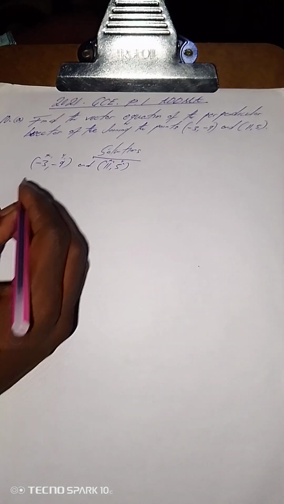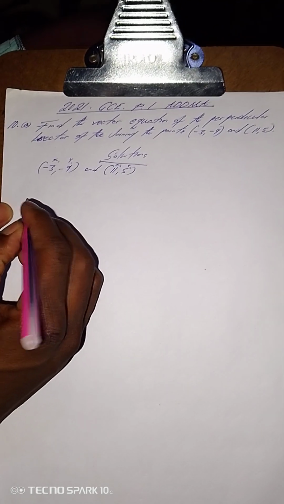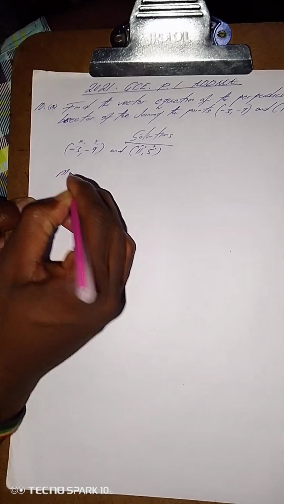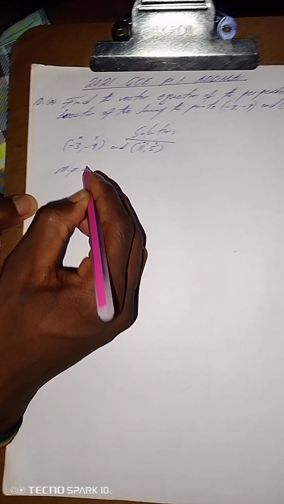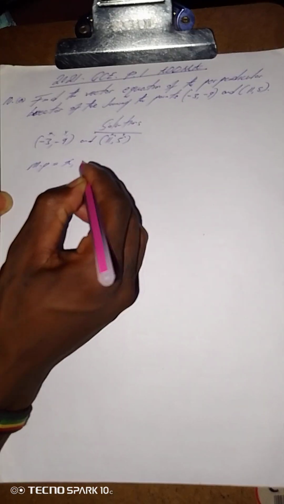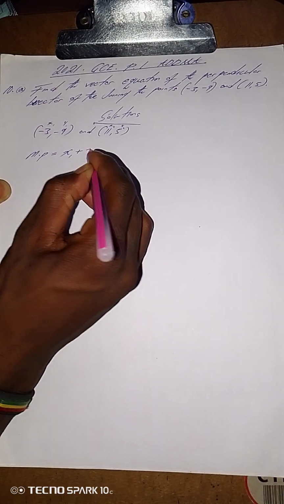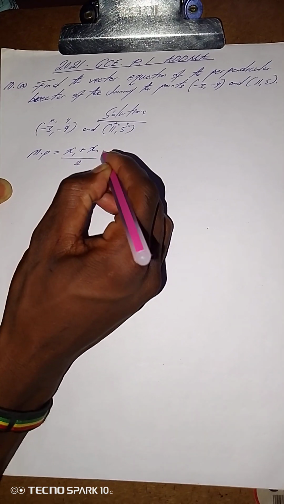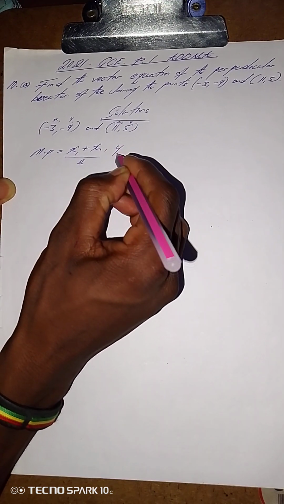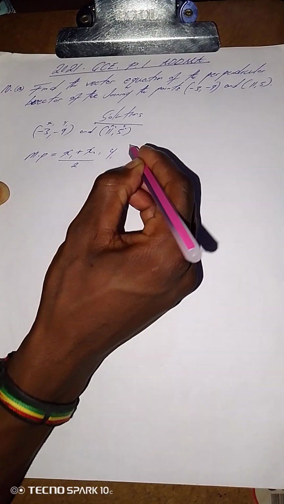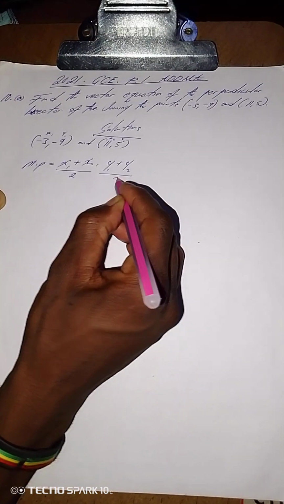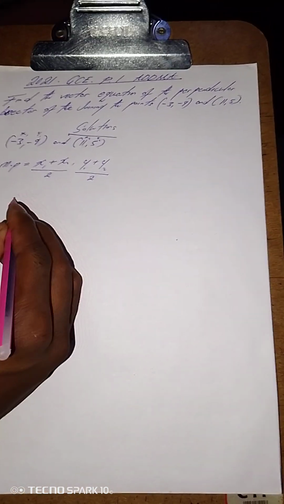Now we are going to use the formula for finding the midpoints, and the formula is like this: x1 plus x2 over 2, y1 plus y2 over 2. So this is the formula for midpoints.